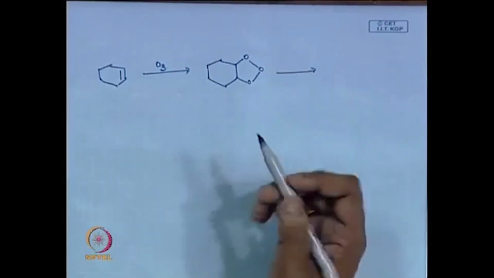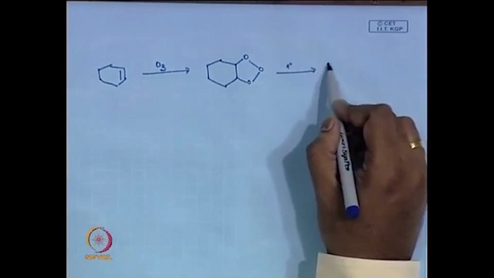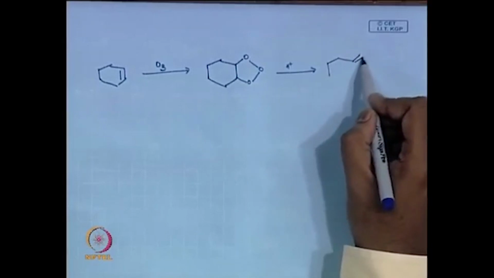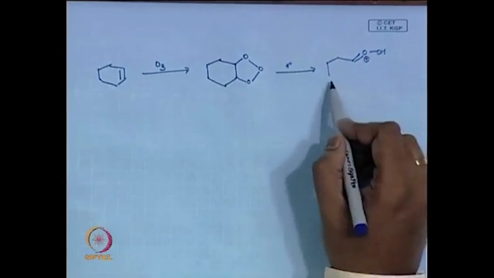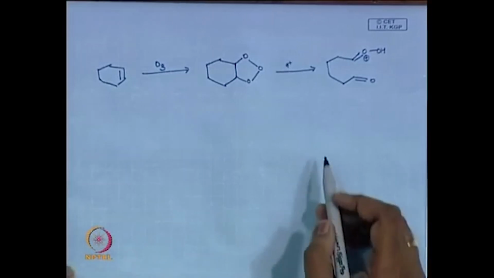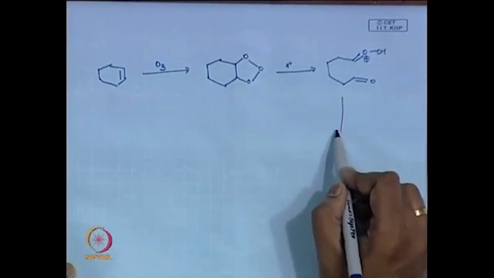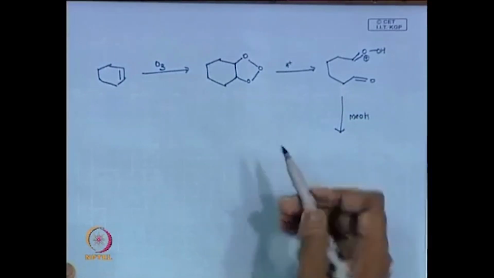Then H plus can break it up, giving O positive. You get this, and because you have methanol in the system, it can attack again.